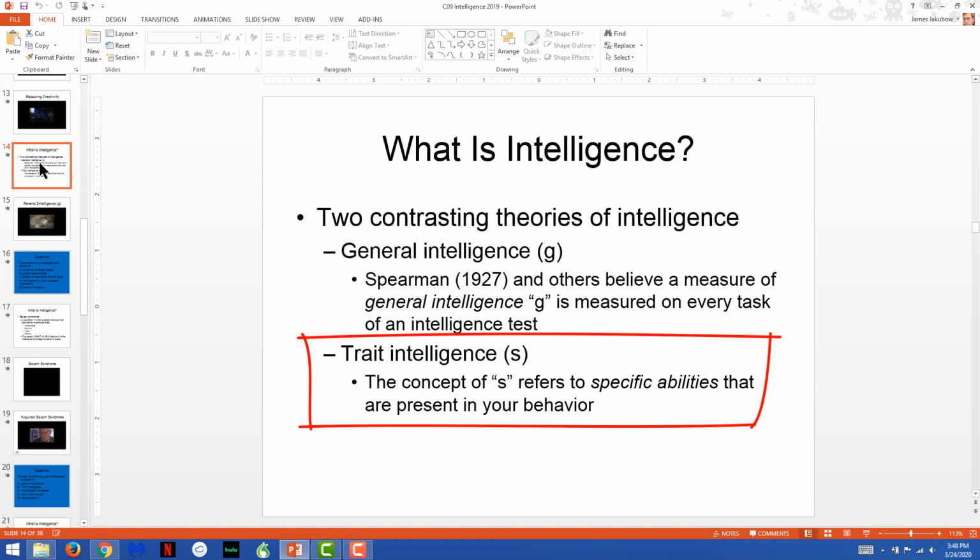And as strange as that is, that actually does happen. Trait intelligence oftentimes shows up in any scenario where you hear about savants. Savants show up in select areas of intellectual functioning, which we'll be talking about.